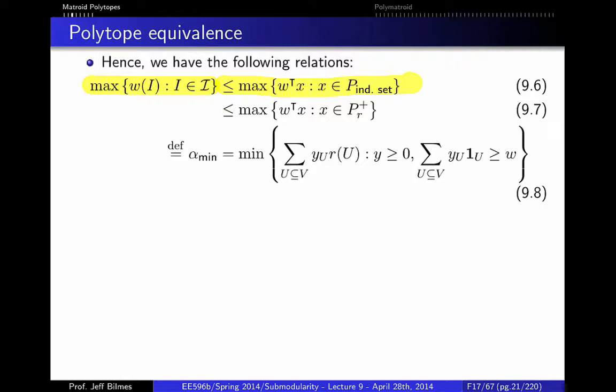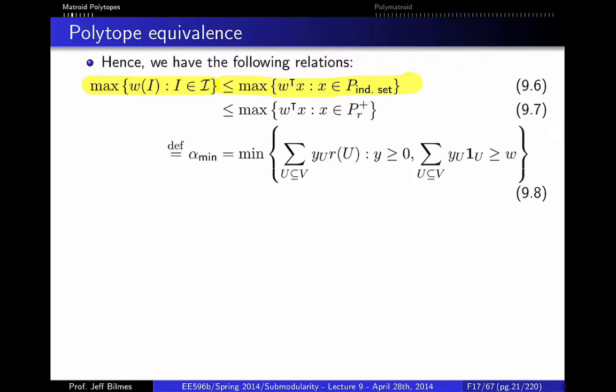Well, because the independent polytope is the convex hull of the incidence vectors of the independent sets of the matroid, and so therefore, the right-hand side includes all of the solutions to the left-hand side and more.